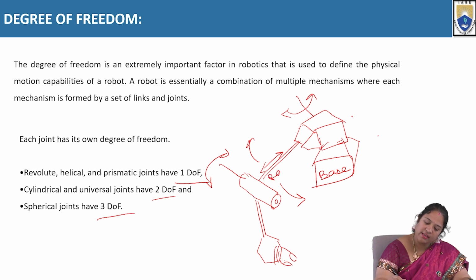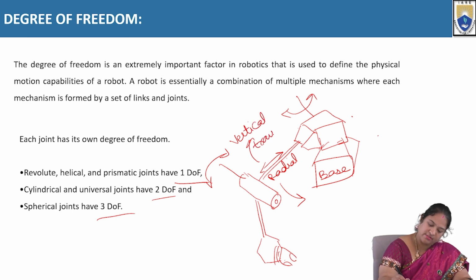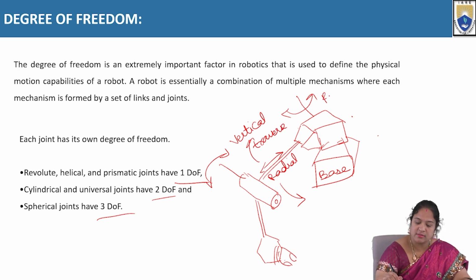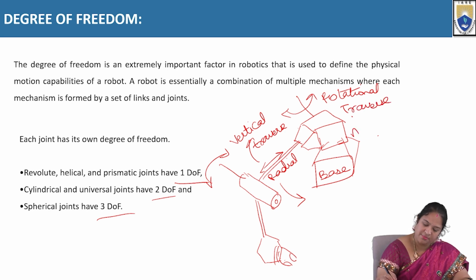So this is the radial direction. This is the vertical traverse, and this is the rotational. This is the rotational traverse. This is the arm and body assembly.